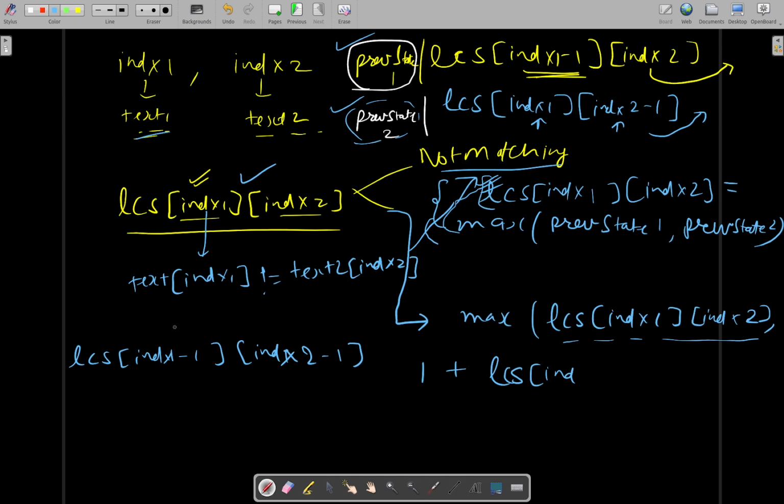So these two characters represented by these two indices were matching, and we decide to take a jump forward. This will be that case, and it will add 1 to our longest common subsequence.